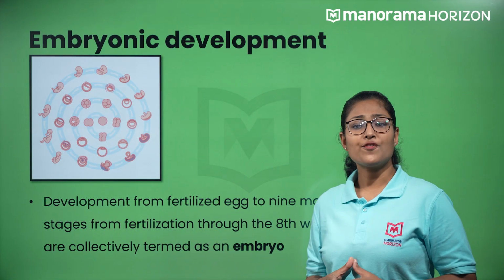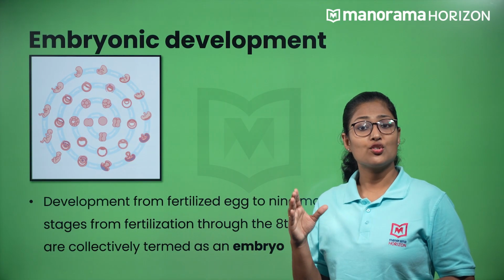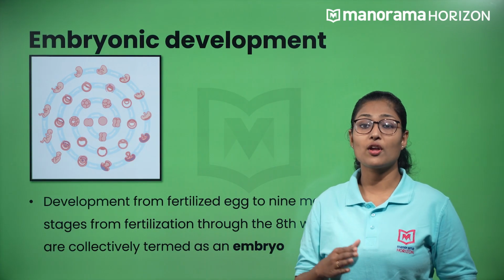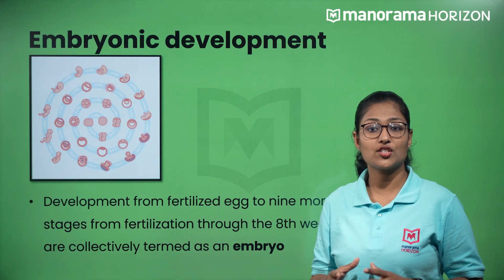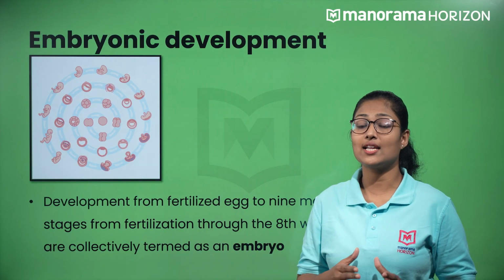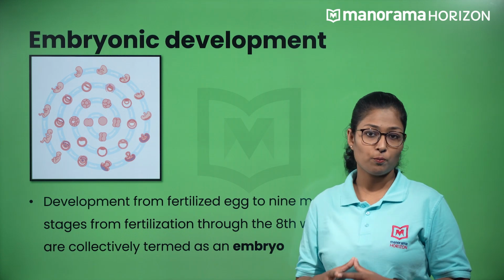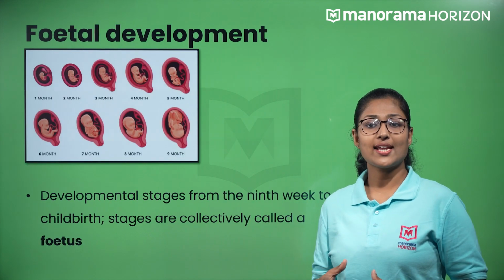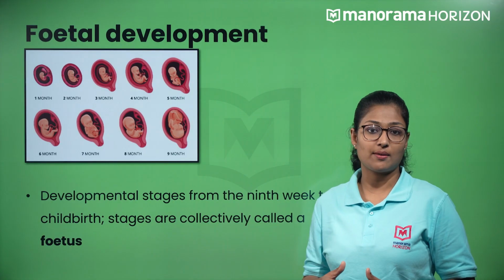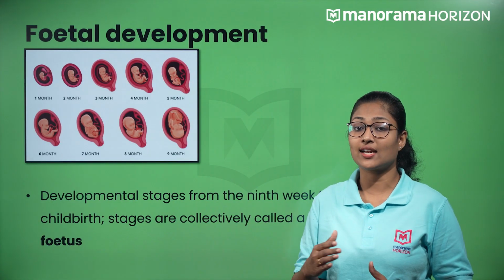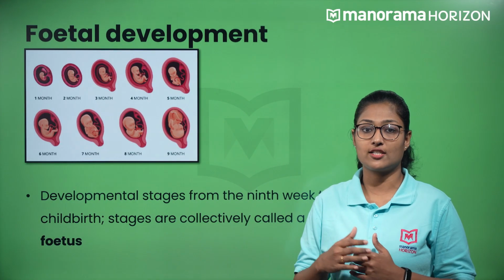The development from the fertilized egg to 9 months is called the embryonic development, as the developmental stages from the fertilization through the 8th week are collectively termed as an embryo. The developmental stages from the 9th week to childbirth constitute the fetal development, and the developmental stages are collectively called a fetus.